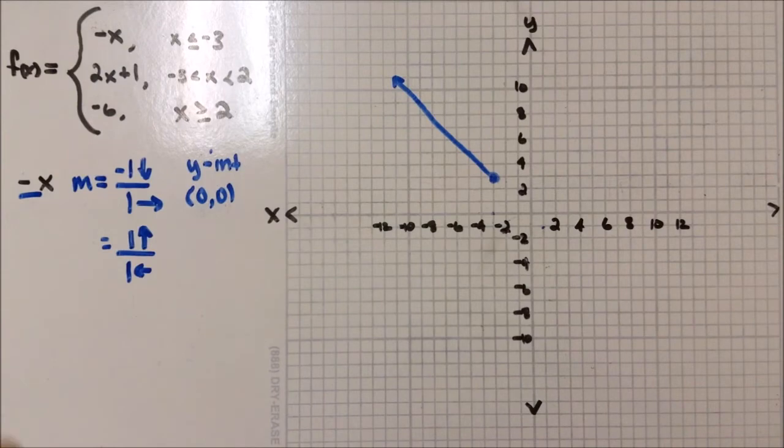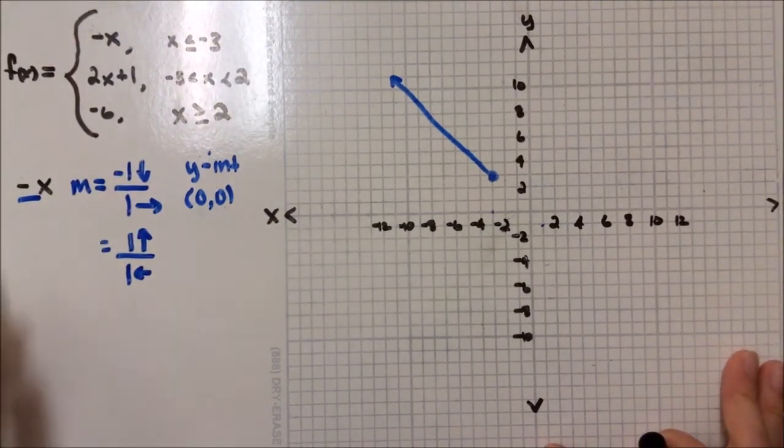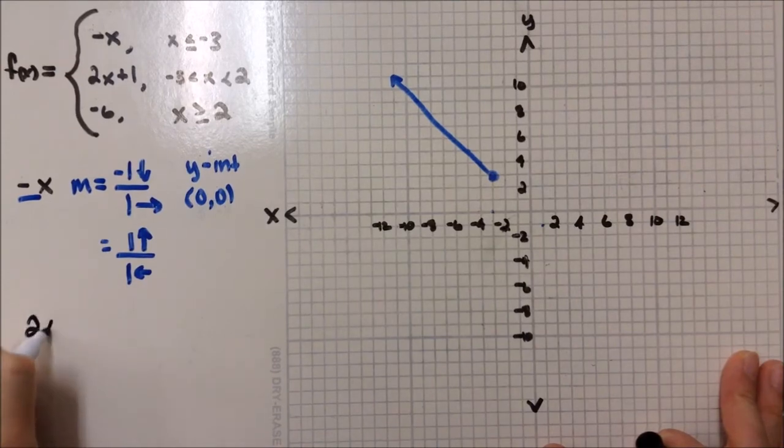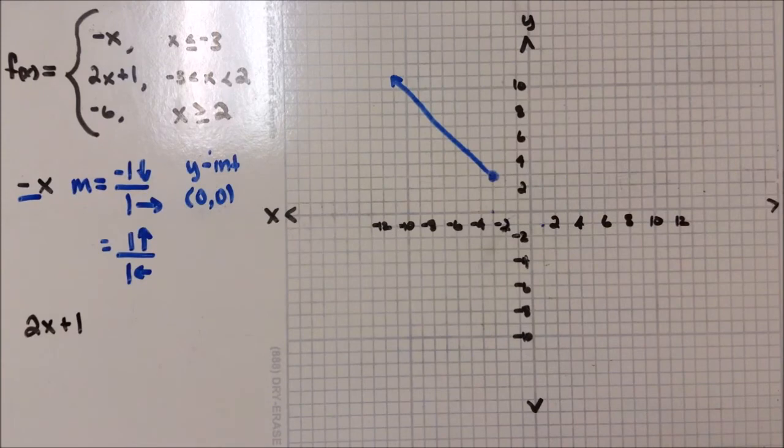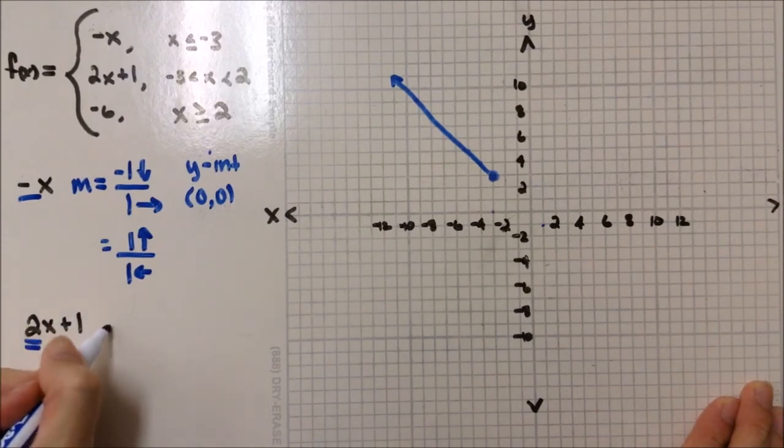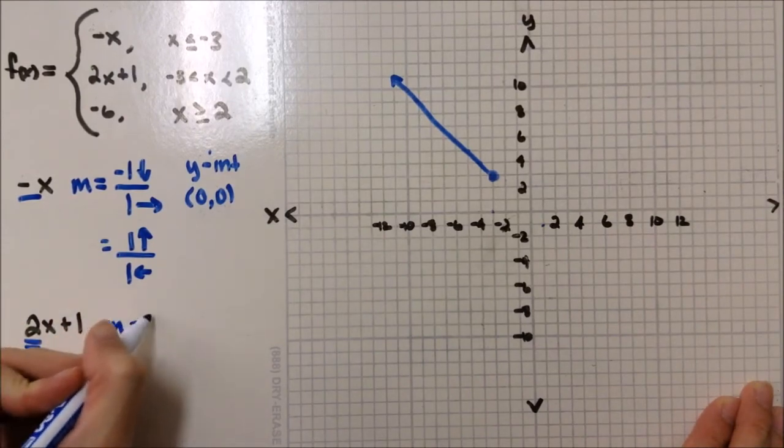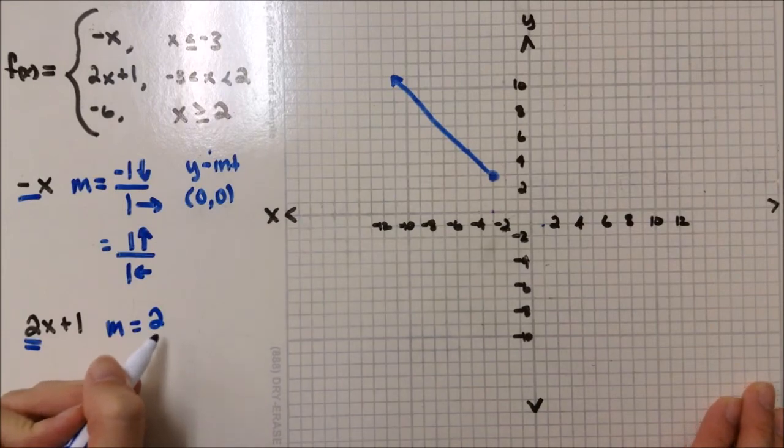Now let's do 2x plus 1. And now here's our number in front of x, so that's our slope. So m equals 2, a positive 2. Now we change that to a fraction.